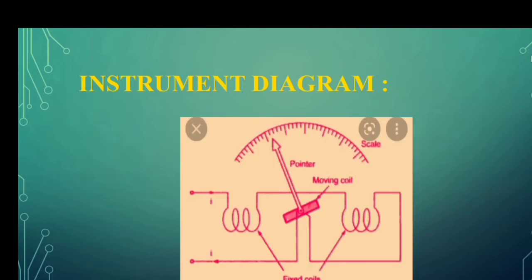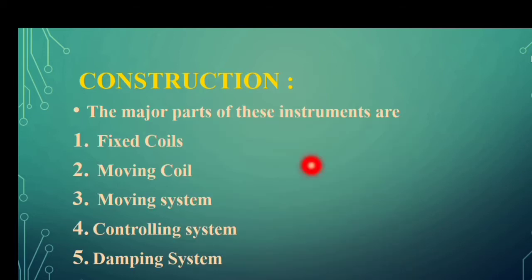So this is the diagram of the electrodynamometer type instrument. We shall see its construction first. The parts involved in an electrodynamometer type instrument are classified under six different categories: fixed coil arrangement, moving coil arrangement, moving system, controlling system, damping system, and the indicating system.